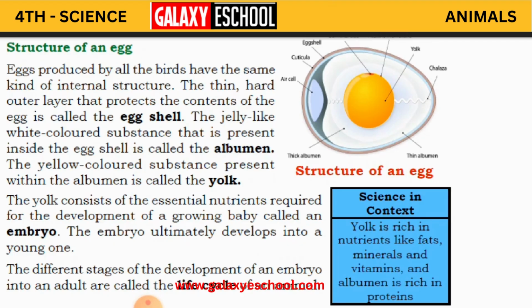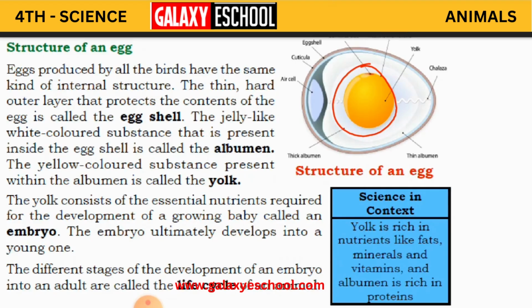Okay, children? So what is an embryo? The yellow yolk contains essential nutrients, very important nutrients, that is the strength. These are required for the development of a growing baby.